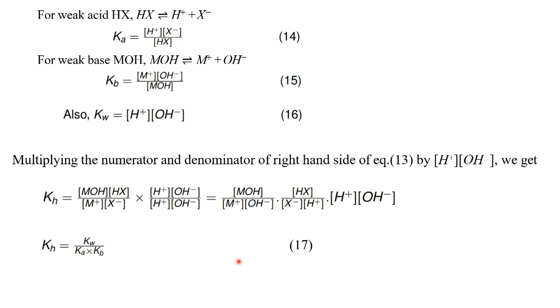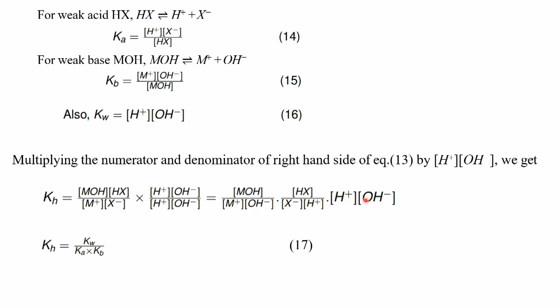So if we multiply numerator and denominator both by concentration of H+ and concentration of OH-, we now rearrange this one: concentration of MOH by concentration of M+ times concentration of OH-, and HX by concentration of X- times concentration of H+, times concentration of H+ times concentration of OH-.